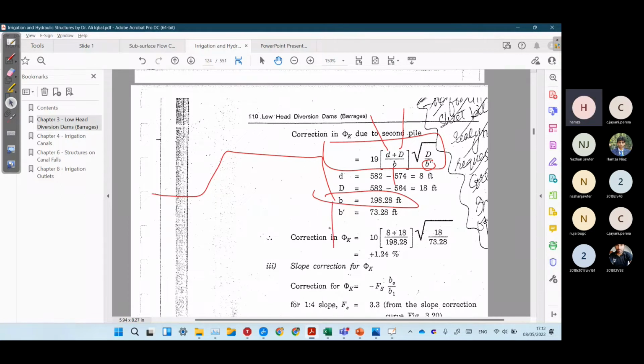So for example, this is a sheet pile. Now we have the total upstream length as 50 plus 73, so we have 123 feet. Sorry, B dash is the distance between two sheet piles, so we have 73 feet. Simple. So we can calculate correction in K.